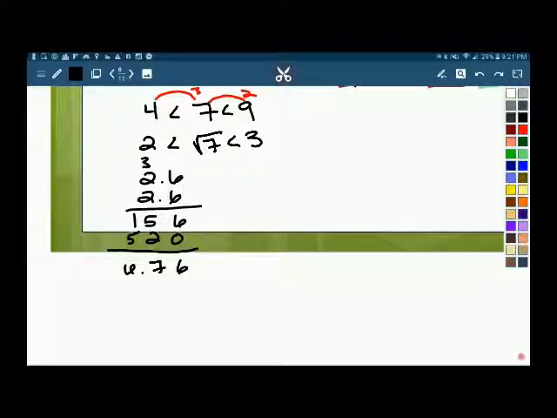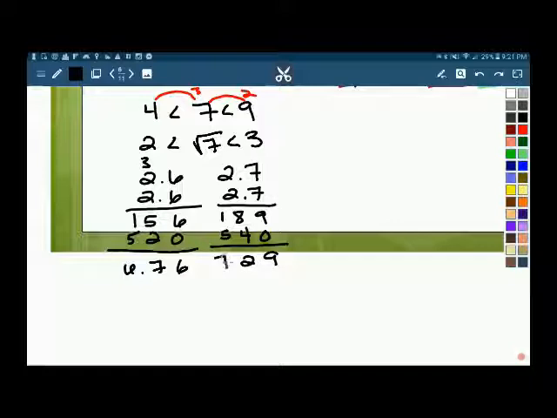Okay, I got 6.76. That's pretty close. It's still a little bit under though, so now I'm going to try 2.7. There we go. So now I just kind of want to see which one's closer. See, 6.76 looks like it's 0.24 away.